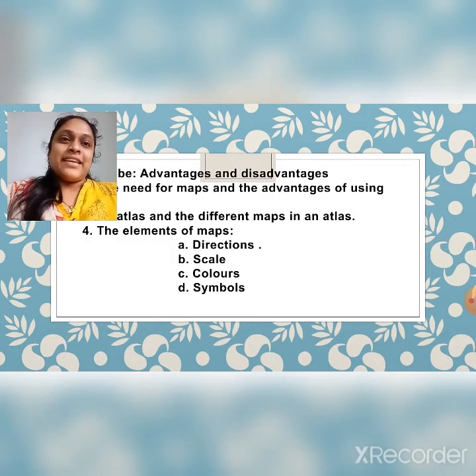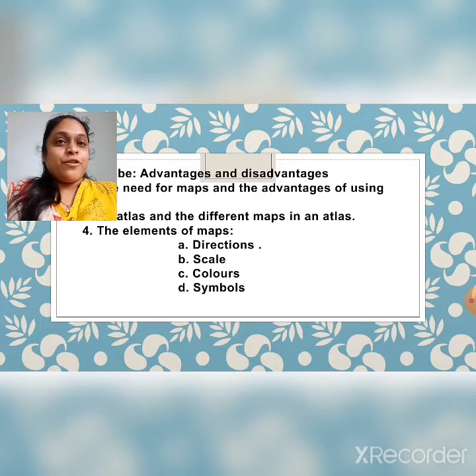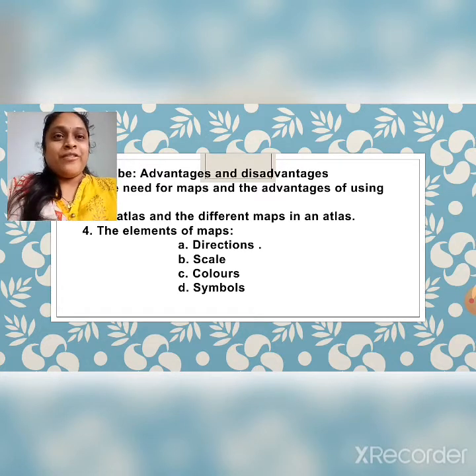So in this lesson, we are going to discuss the advantages and disadvantages of the globe and why we should prefer using maps and not globes. Different types of maps, what an atlas is, and the elements of maps we will also learn from this lesson.